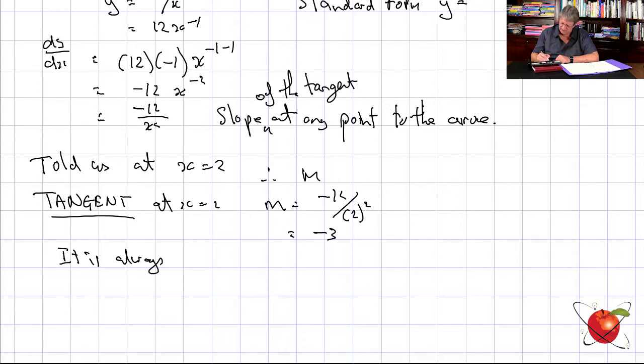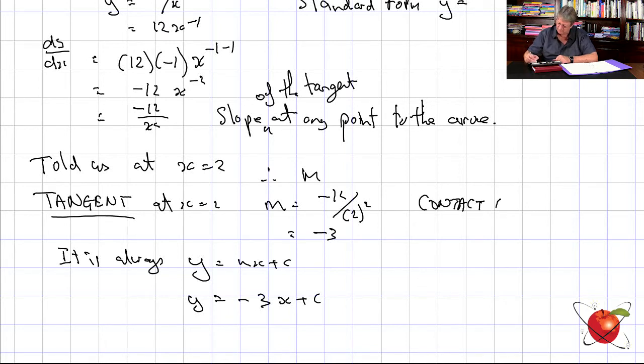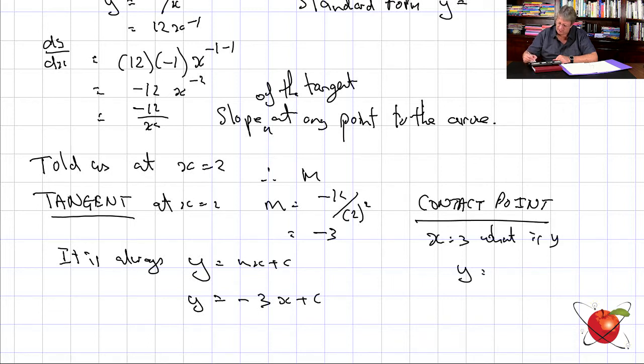The next step is, remember this, it's always a straight line, therefore y is equal to mx plus c. And we say, cool, y is equal to minus 3x plus c. Now I need the contact point. The contact point I work out by saying x equals 3. What is y? I go back to my original equation, y is equal to 12 over x.